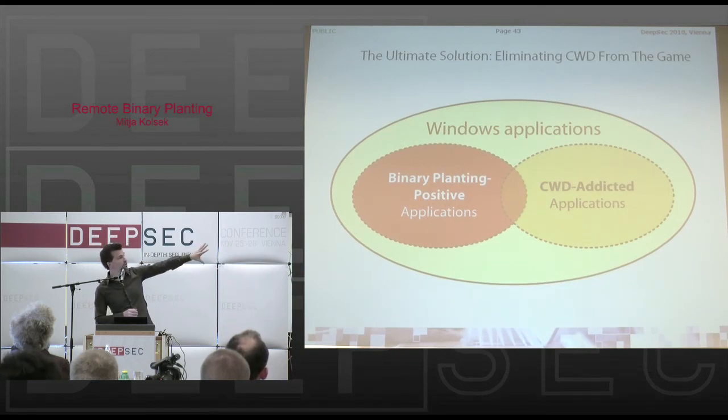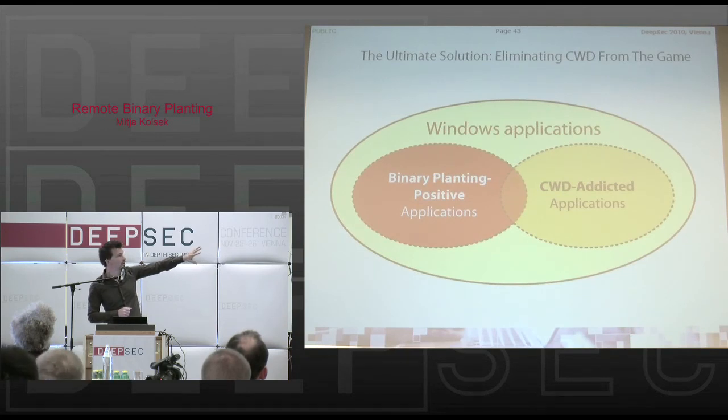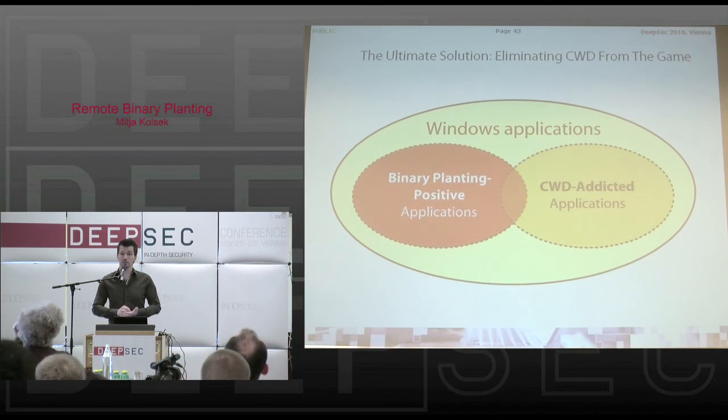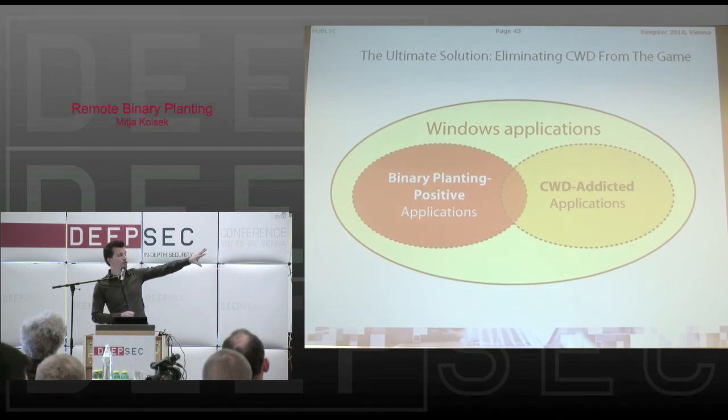Then we have another subset, which might have quite a number of the same members, which we call CWD addicted applications, which are those that actually break if you install the Microsoft hotfix and set it to max. Those are the applications that are the reason why Microsoft cannot today make a simple update to the way these library loading functions behave and just eliminate the current working directory. Those are the applications that break.